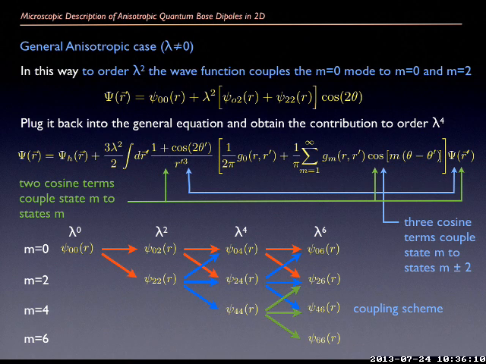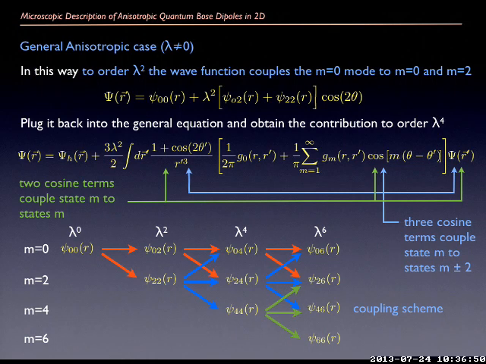If you keep doing this, this term here does some dressing to mode 0 and to mode 2, but this one here gives you dressing to mode 0, mode 2, and some dressing to mode 4. So somehow what you see from here is that different orders in lambda bring in different contributions of different modes. So in the end, since you should sum all the terms in the series, you would have started from a system that has only isotropic solution, and end up with a system that has contribution from all partial waves.